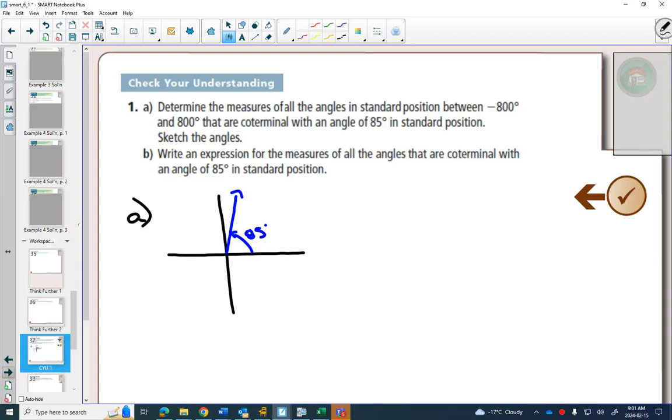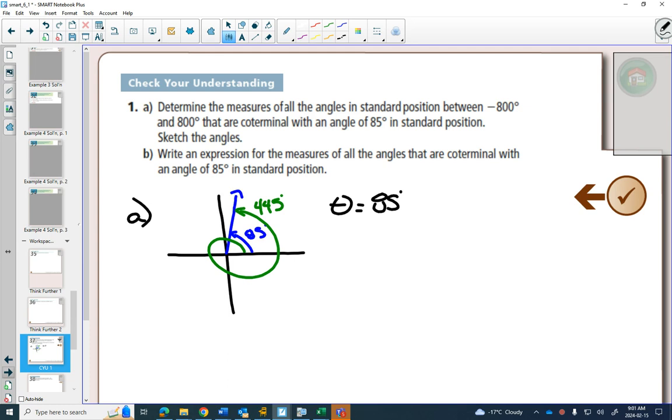So could we add 360 once? If I added 360 once, would you agree that that would be this one? And 360 plus 85 would be 445. So I'm going to start listing all of them.